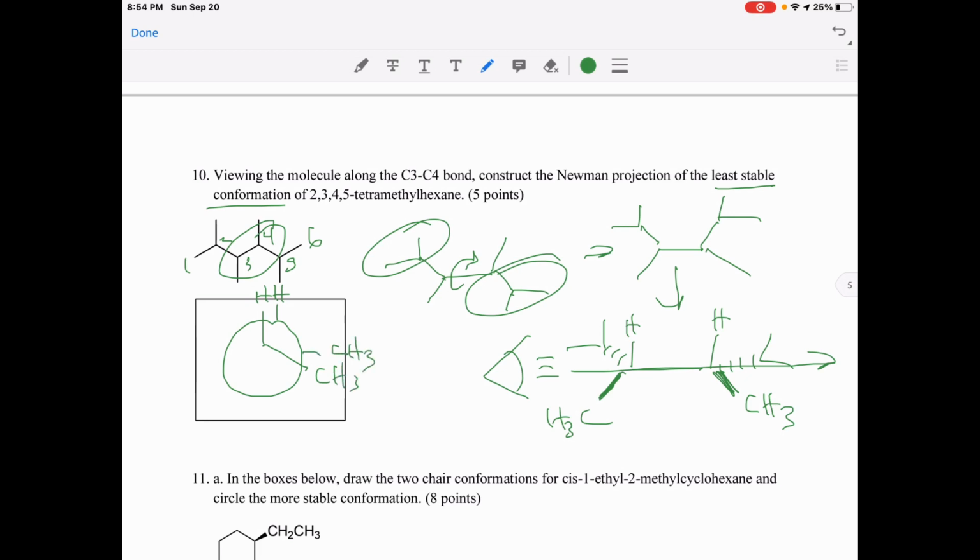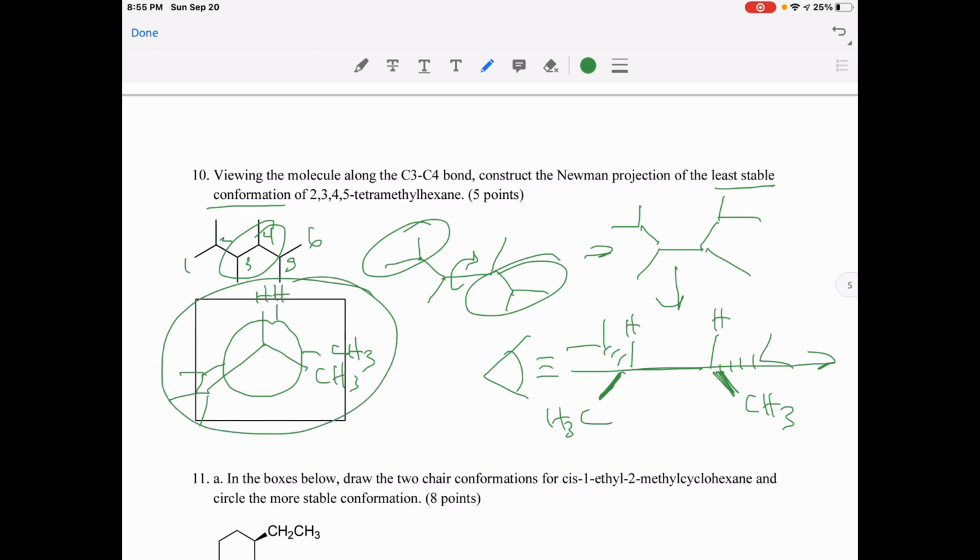This is an eclipsed Newman structure because all of these are eclipsed, right? As I had mentioned earlier, when they're aligned, that causes the most steric repulsion. So in drawing these structures out, we end up with this as our final Newman projection.